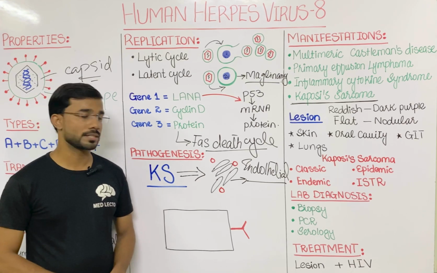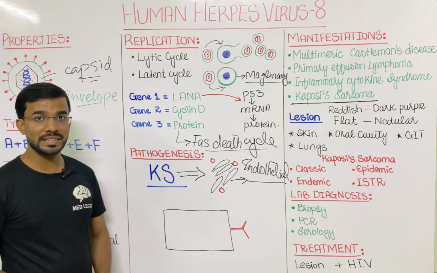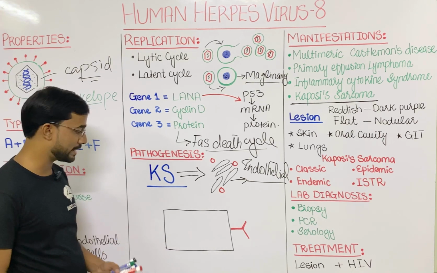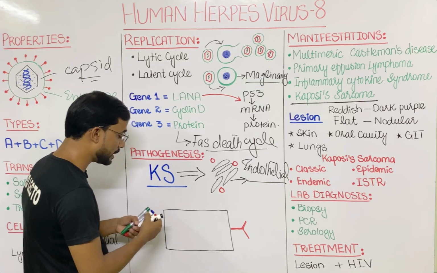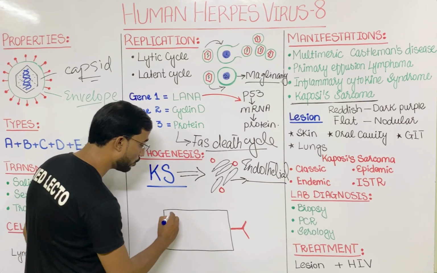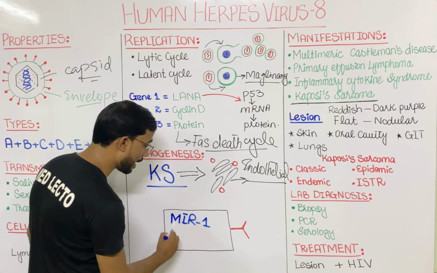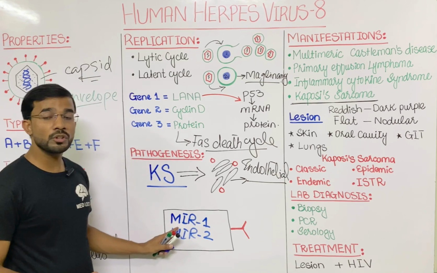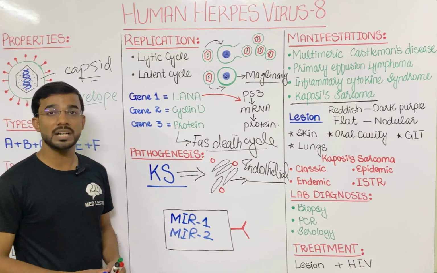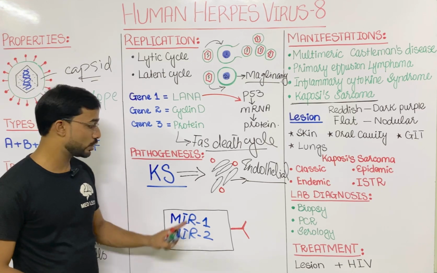Okay. And next, if this is the virus infected cell, inside the cell you will see the production of the two most important proteins, MIR1 and MIR2: modulator of immune recognition 1 and modulator of immune recognition 2.